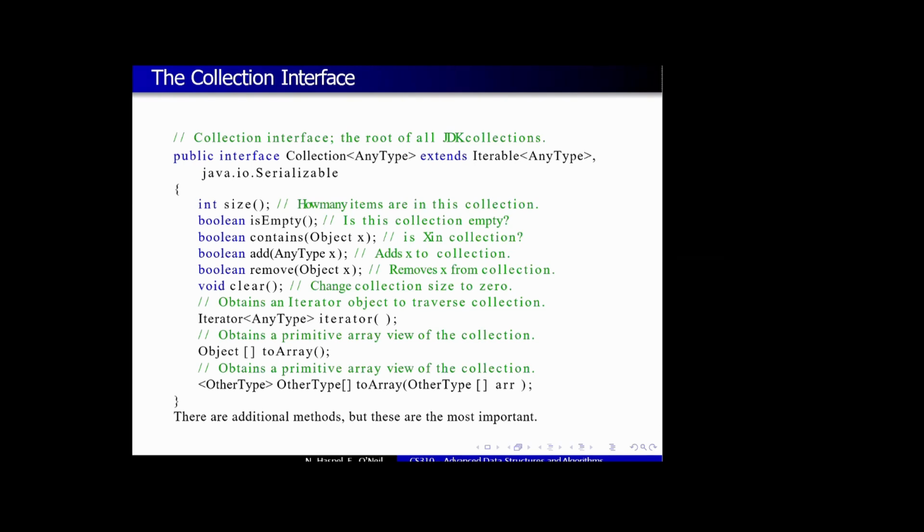There's nothing tree-like here, for example, right? You just drop things into this container with add, say, and check whether they're there by contains. Take them out if you want. So it's just a container.